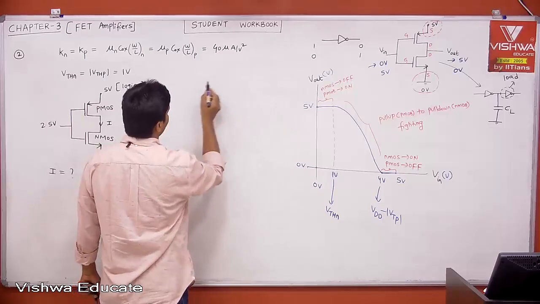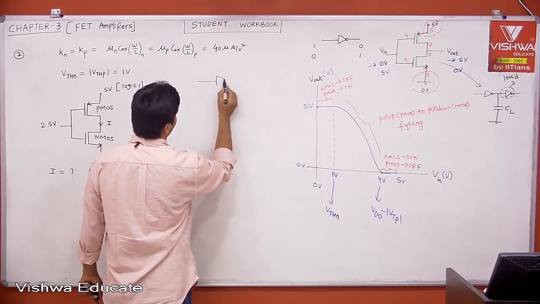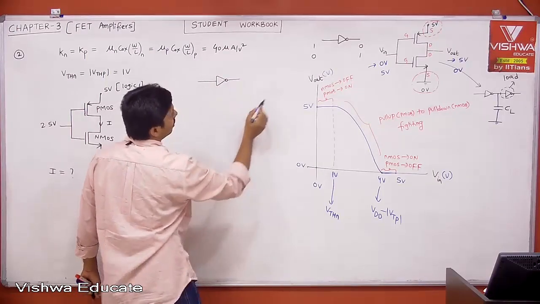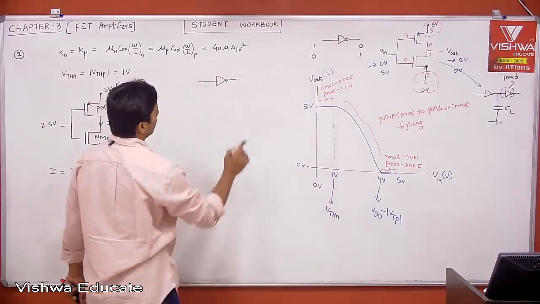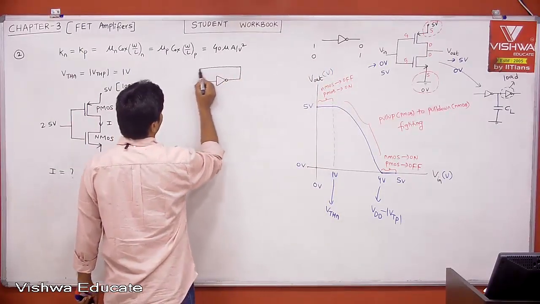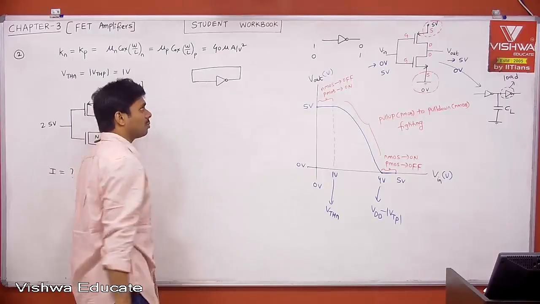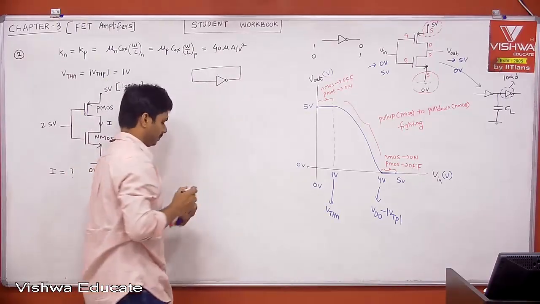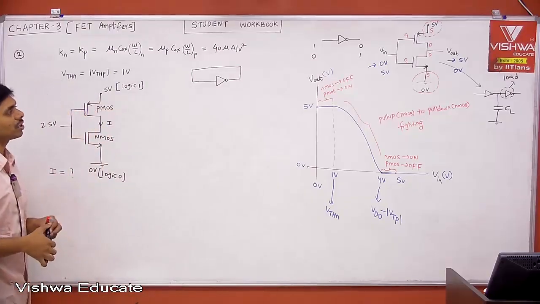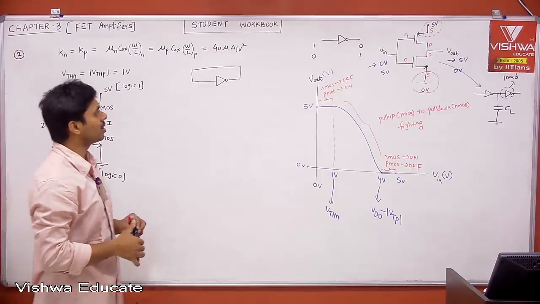Tell me the same thing. If you take an inverter, logic 1, logic 0, logic 0, logic 1, right? Tell me, what is the output? Your output is shorted to your input. Then what is your output?